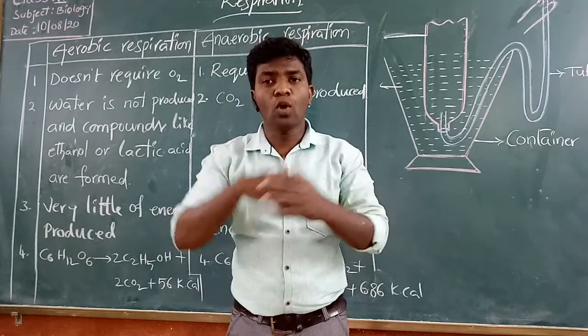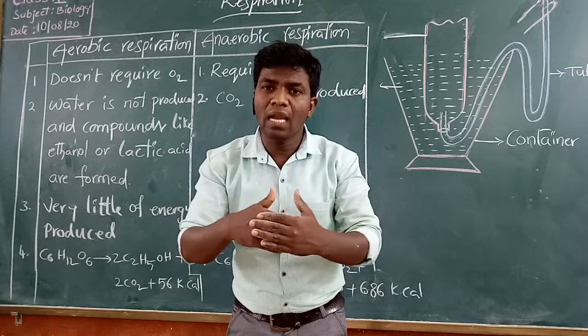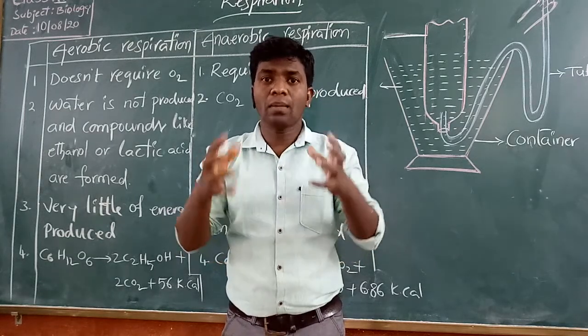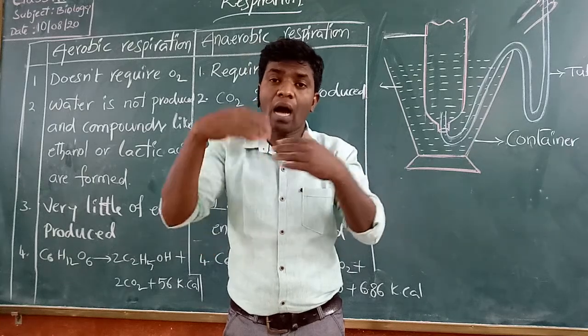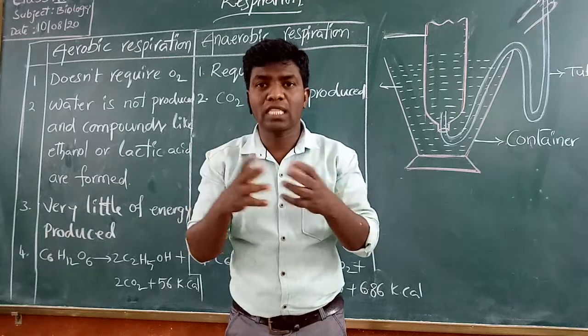Next, anaerobic respiration. What is meant by anaerobic respiration? In lower organisms like some bacteria, oxidation of food takes place in the absence of oxygen. This is called anaerobic respiration.